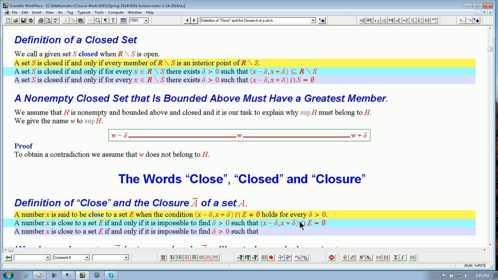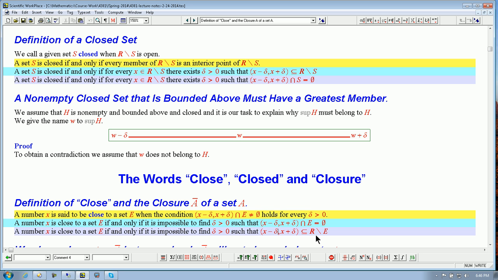It's impossible to find delta greater than 0 such that this is included in the complement of E. The statement that nobody in here belongs to E is exactly the statement that everybody in here is in the complement of E.